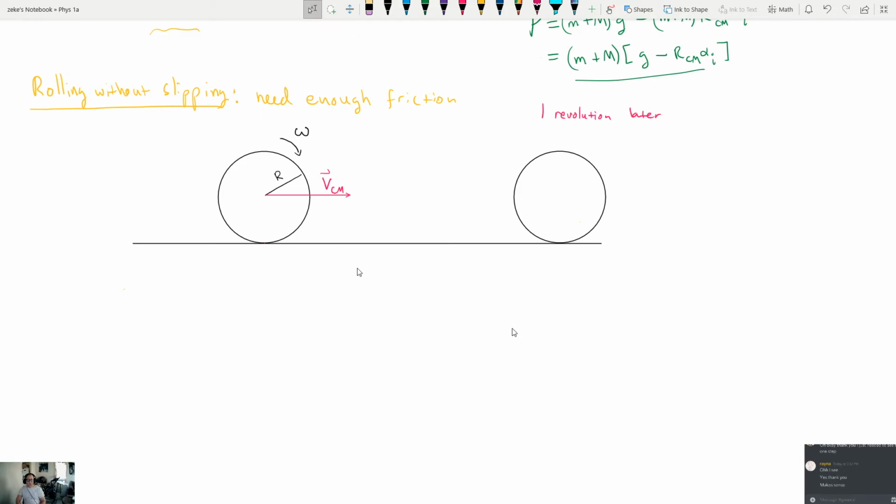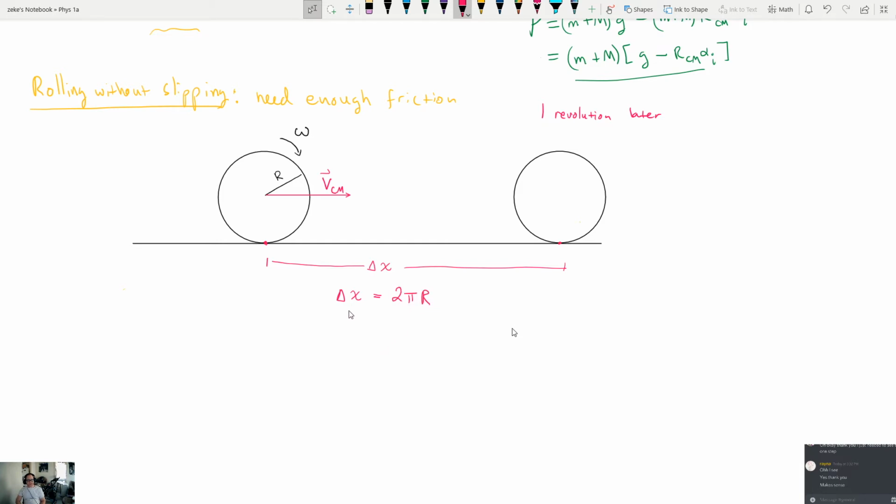Now, if it rolls without slipping, that means that as it's rolling across this surface, the bottom piece never slips as it tries to roll. And that means that the circumference of the object is going to roll out in this direction here. Once it's gone through exactly one revolution, the distance that it's traveled in the x direction, if I call this delta x right here, if it's exactly one revolution and the surface was always in contact with the rim, that means that delta x has to be exactly equal to the circumference of the circle.